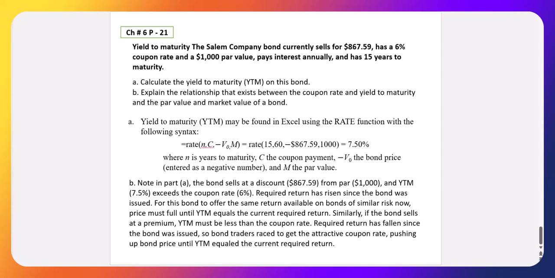Similarly, if the bond sells at a premium, yield to maturity must be less than the coupon rate. Required return has fallen since the bond was issued. So bond traders raced to get the attractive coupon rate, pushing up the bond price until the yield to maturity equaled the current required return.